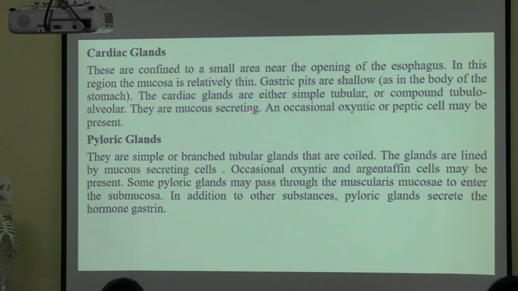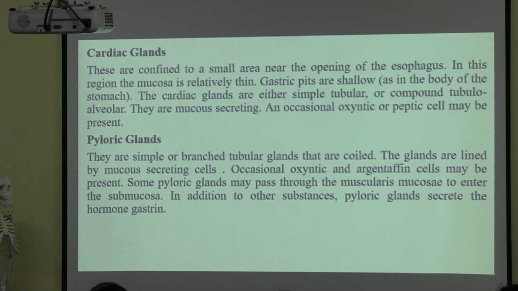Okay, next, if you see the cardiac glands and the pyloric glands, as I said, the differences are very less. Mainly they are mucus secreting glands. Now these cardiac glands are present around the opening of the esophagus or around the cardiac end. Here also gastric pits are there, but the gastric pits are shallow.